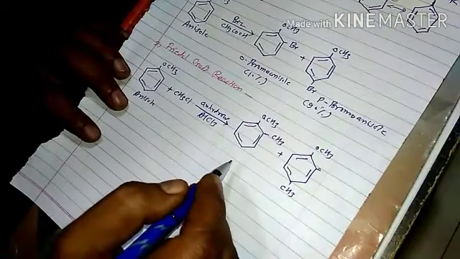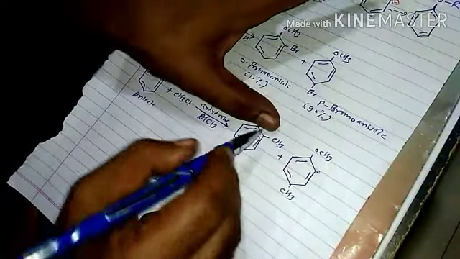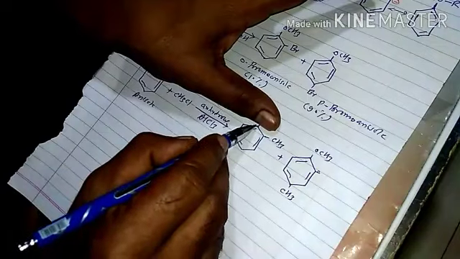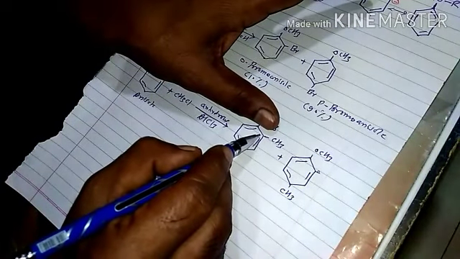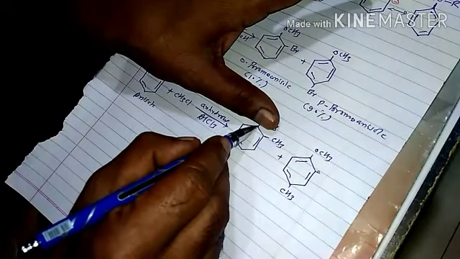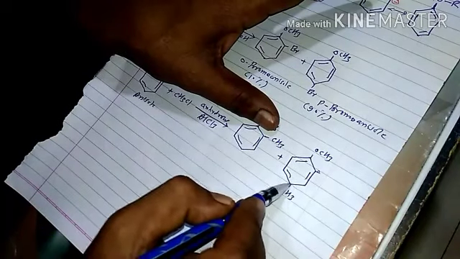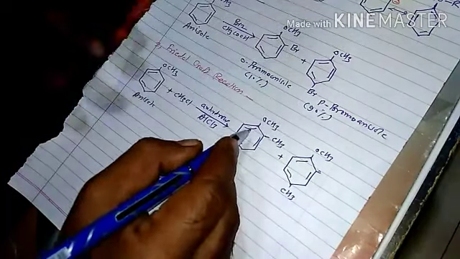You see, what is the name of this compound? This is known as toluene. If there is no this group, then this is toluene. So with respect to this, this is the second position, and this is 1, 2, 3, 4. So what is its name here?